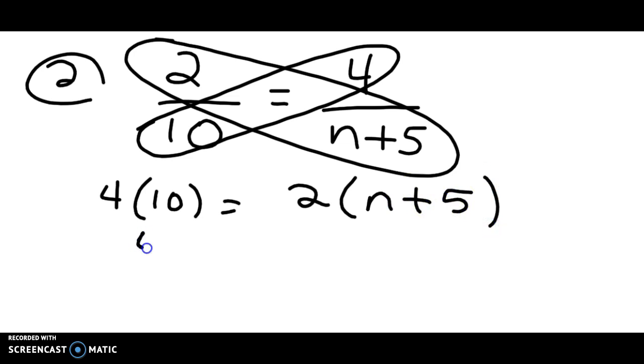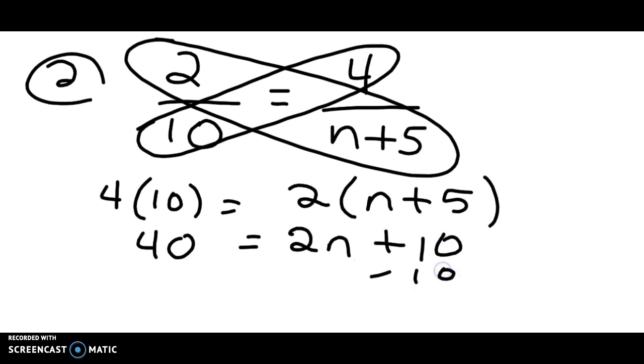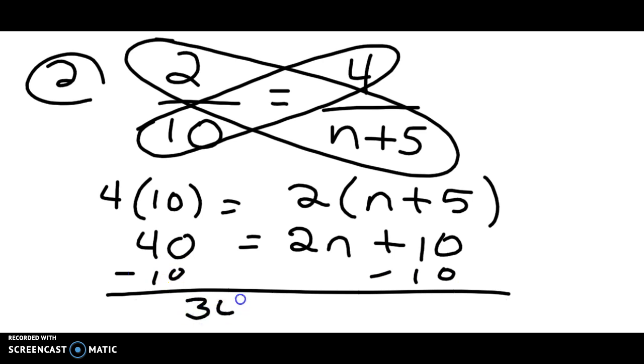Okay, so 40 equals 2n plus 10. Now we're going to solve for n, so subtract 10 from both sides. 30 equals 2n, and then you divide by 2. 15 equals n. Okay, so n is equal to 15.